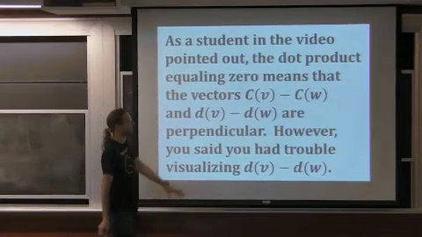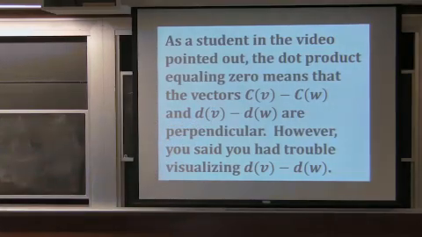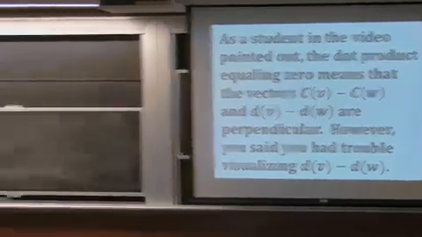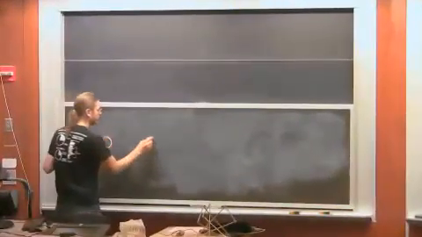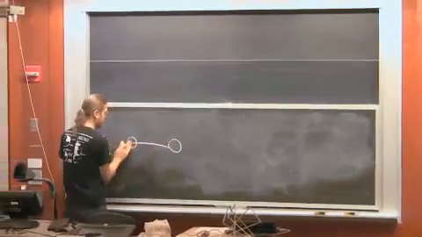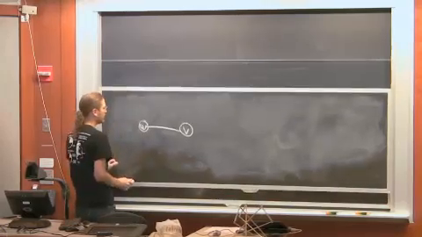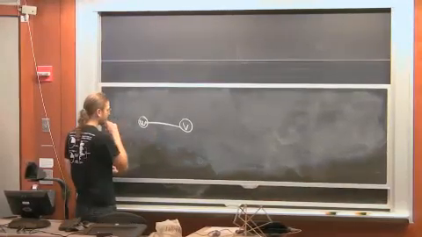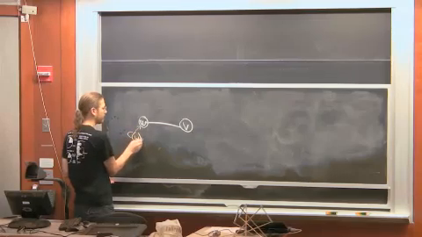I talked about one reason why this dot product condition is the right thing, which is based on projection, but there are other ways to think about it. So say we have an edge VW. Actually, I think I'll draw it W on the left. So here's VW. We would think of this point as being C of W. That's your configuration.